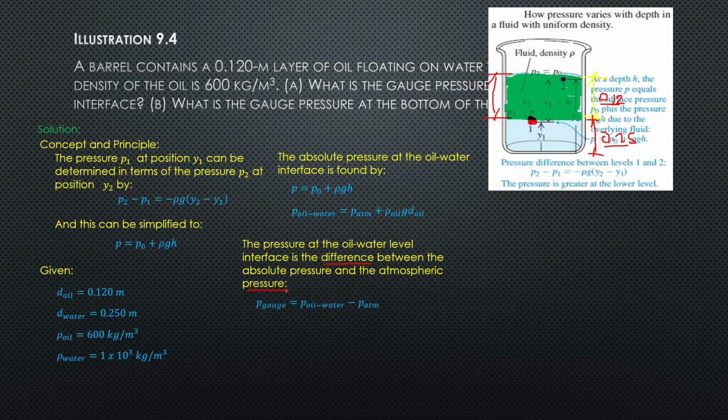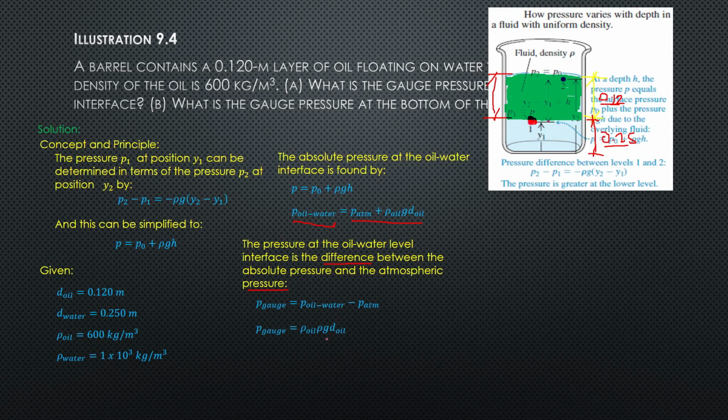So the gauge pressure is equivalent to the oil-water interface pressure minus the atmospheric pressure. Substituting the oil-water pressure into this equation, it becomes atmospheric pressure plus gauge pressure of the oil, minus atmospheric pressure, and that will give you this equation.